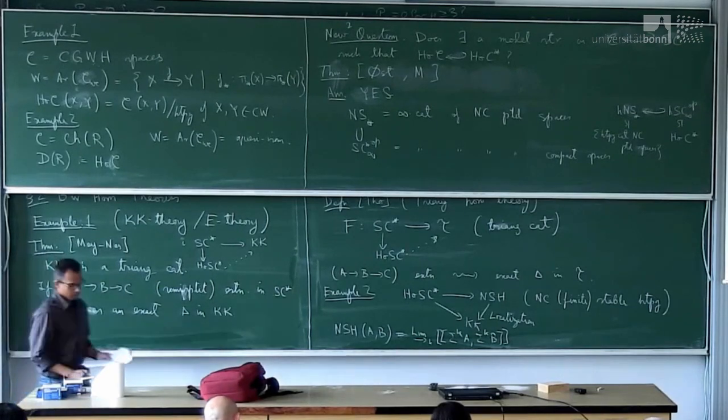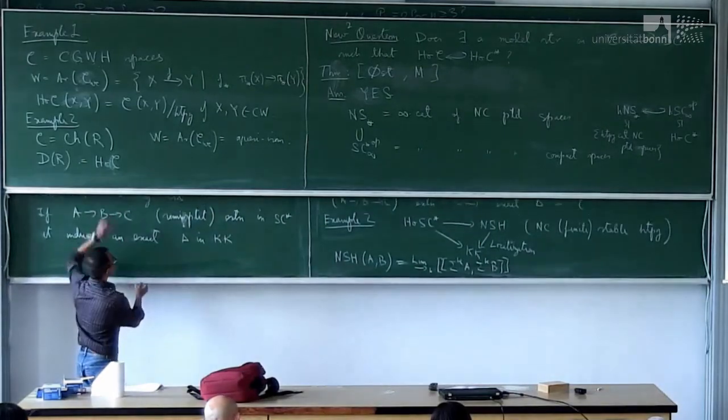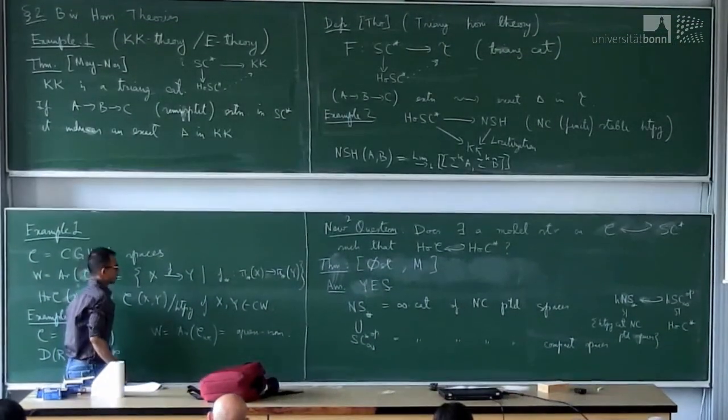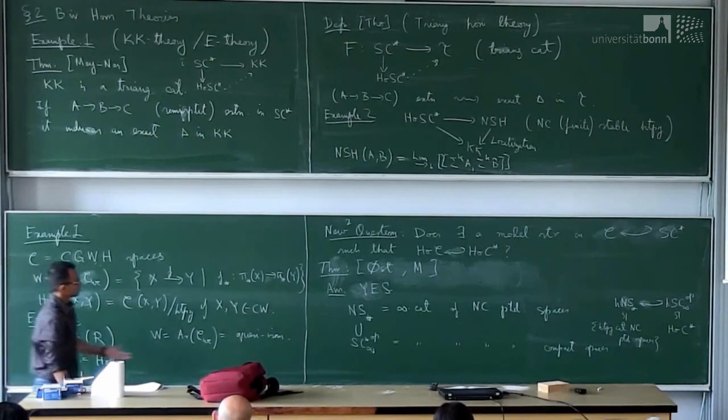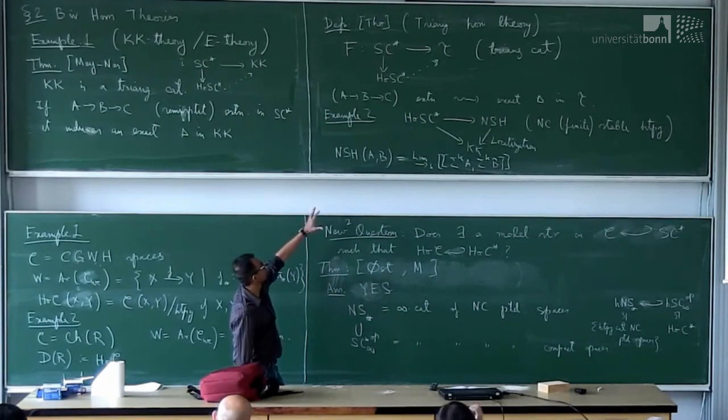So the question at this point is, I told you, did I tell you? Yes, that this is only compact spaces. This is all non-commutative spaces. I have a theory that seems to be defined on pointed compact spaces.